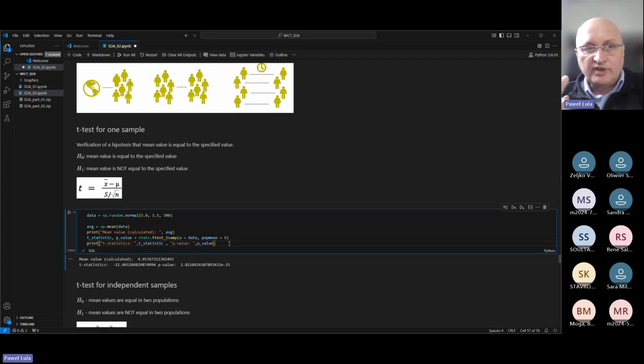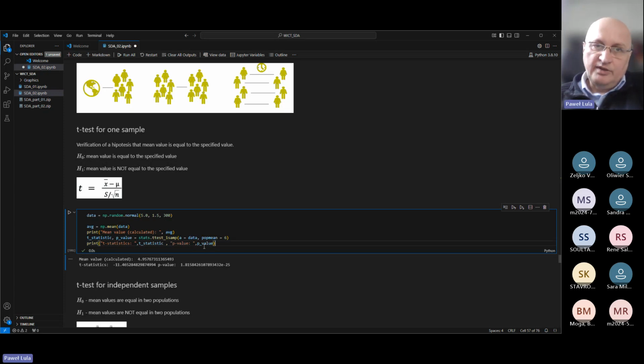How should I interpret this value? I think that this way of interpretation may be the best. It is a probability. P-value, P from the word probability.